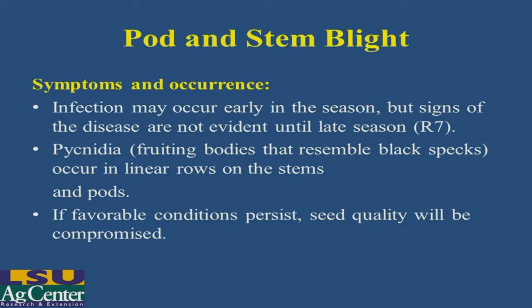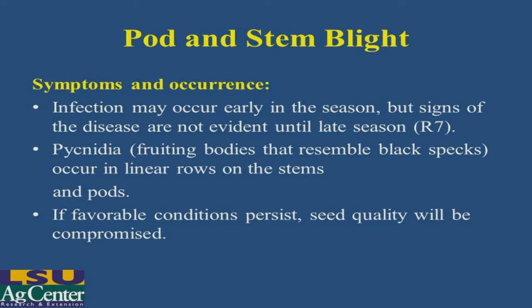They look like little black specks. And we generally don't see it until the reproductive stage 7. What's interesting about the pycnidia involved, the fruiting structures of this particular fungus, is that they do line up in rows on the stems and the pods.